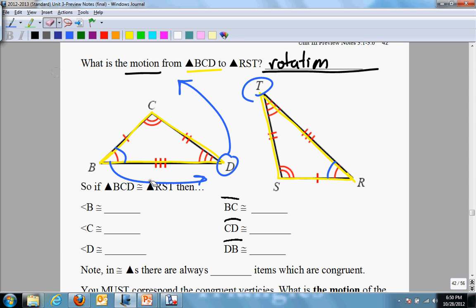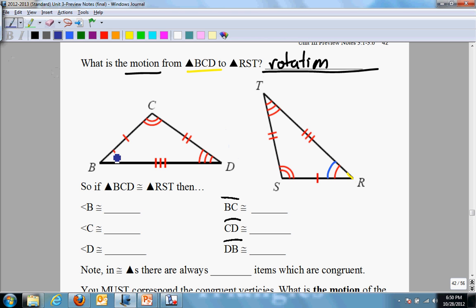Now, when triangles go through those motions, the corresponding points are congruent. So angle B is congruent to angle R, the single sweep.